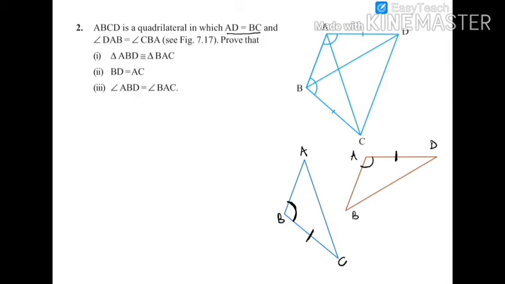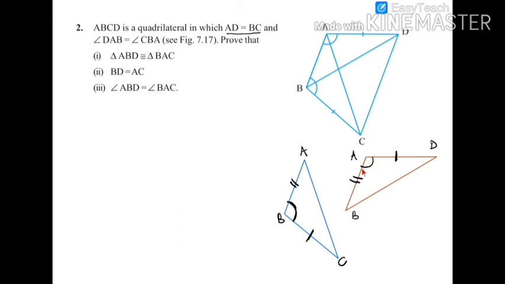Now find the third side or an angle equal in these two triangles. That will be side AB, because AB is a common side to both these triangles. So it will be equal. Now you can easily say by which criteria these two triangles are congruent.